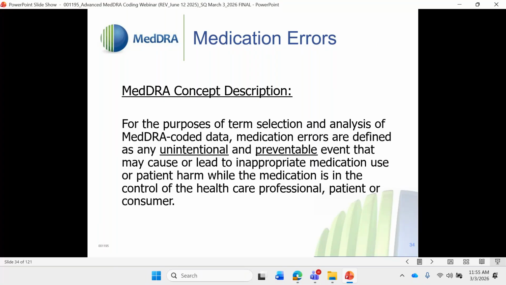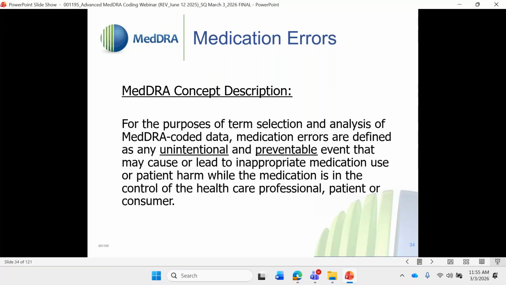For the purposes of term selection and analysis of MedDRA coded data, medication errors are defined as any unintentional, right, and preventable event that may cause or lead to inappropriate medication use or patient harm while the medication is in the control of the healthcare professional, patient, or consumer. So it's very important to note that it's unintentional, therefore it's an error, and it could have been preventable, right? So that's the MedDRA concept description for medication errors in the context of MedDRA.